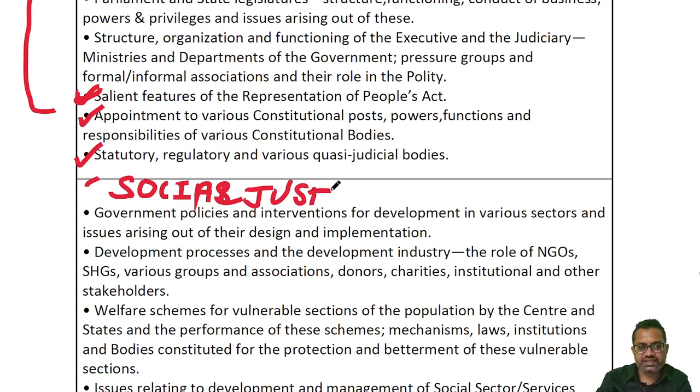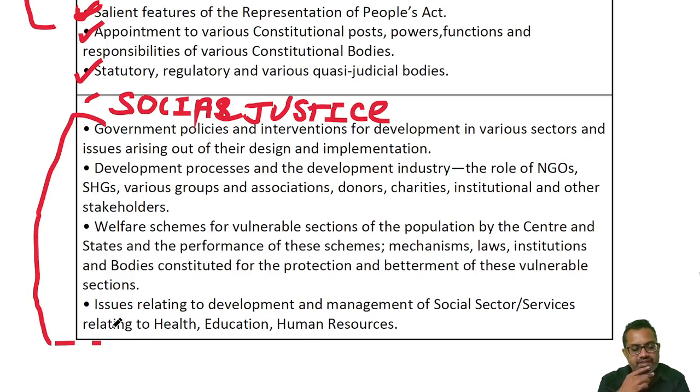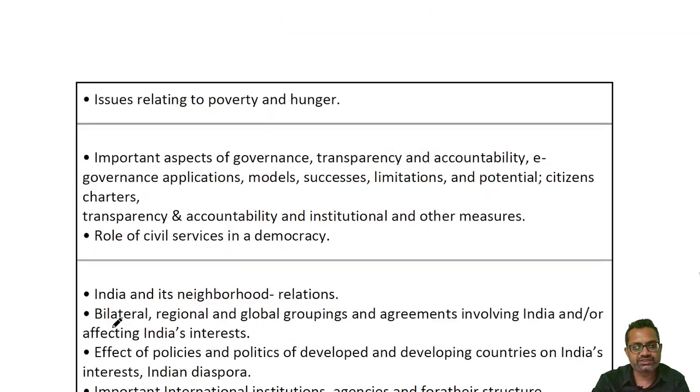This section is also important, but you will see very few marks from this section. So the above portion deals with polity and governance, and the below portion deals with social justice.